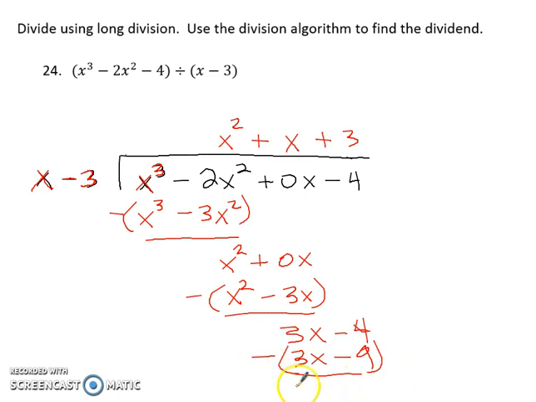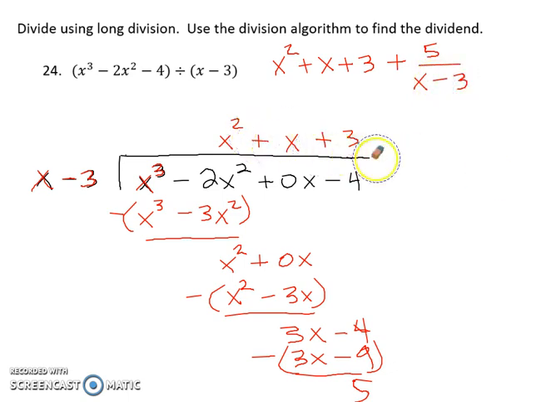Now we subtract that quantity and we distribute the negative. 3x minus 3x cancels, and minus 4 plus 9 is a 5. So our answer is x squared plus x plus 3, that's the quotient, plus the remainder of 5 over the divisor of x minus 3.